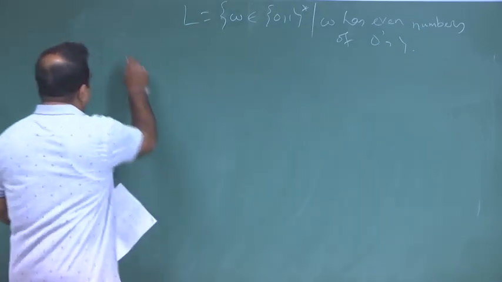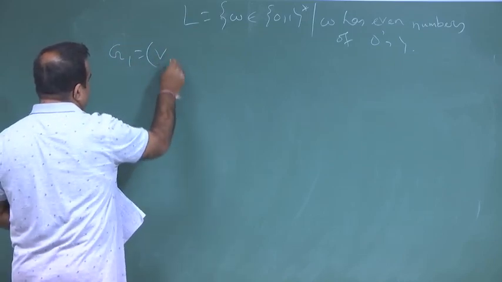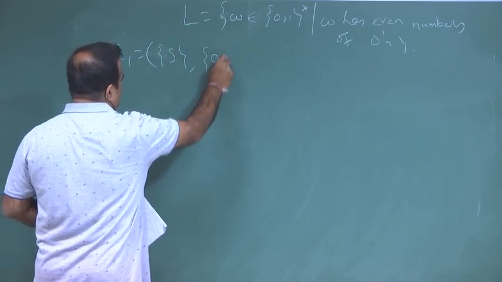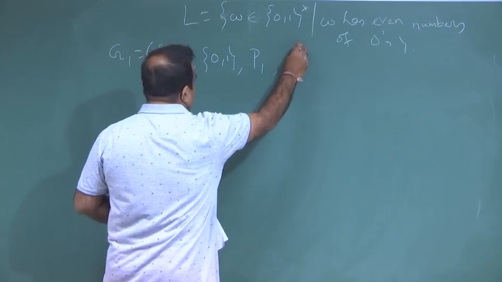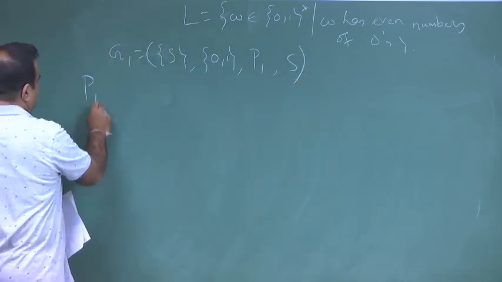So, our G1, the grammar 1, is the earlier grammar. V is the same, only the symbols 0 and 1, P1 and S. So, what is P1?